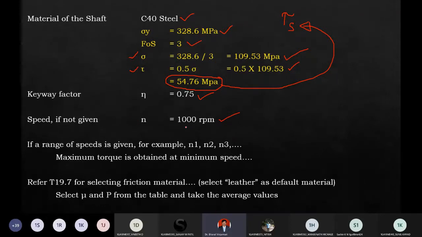Now, sometimes he'll not give one speed, he'll give 3-4 speeds, N1, N2, or say that the speed is varied from 1000 rpm to 2500 rpm. Which speed should I select? Always remember this, guys. We design for maximum torque. We know power, and speed n is always inversely proportional to torque.